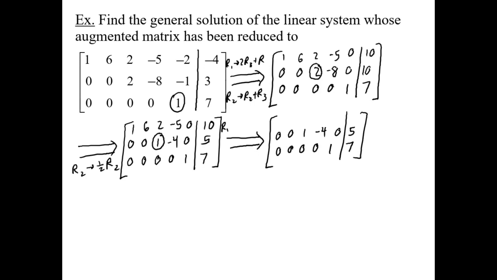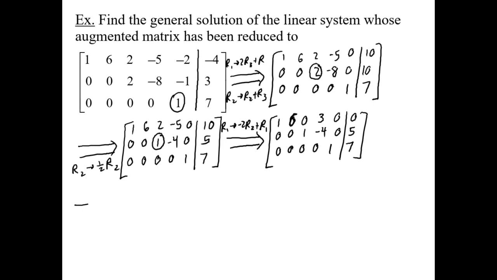So the top row, I'm going to do -2 times the second row plus the top row. Oops, should be 6. So 1, 6, 0. So it's the second row times -2 plus the top row. This is a 3. Second row times -2 plus the top row gives me a 0 here.